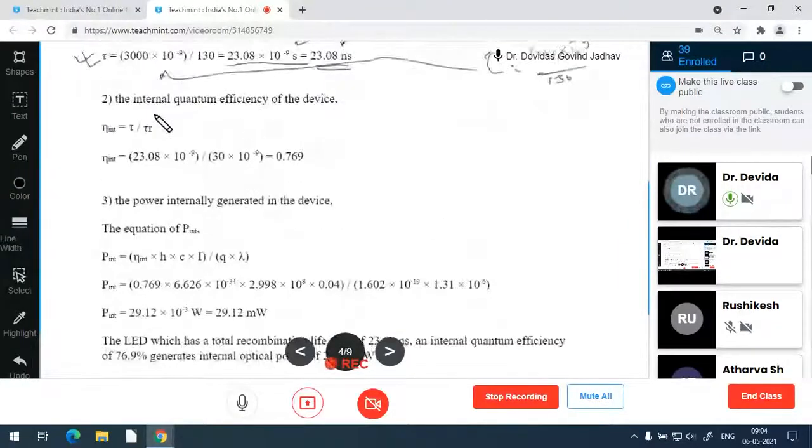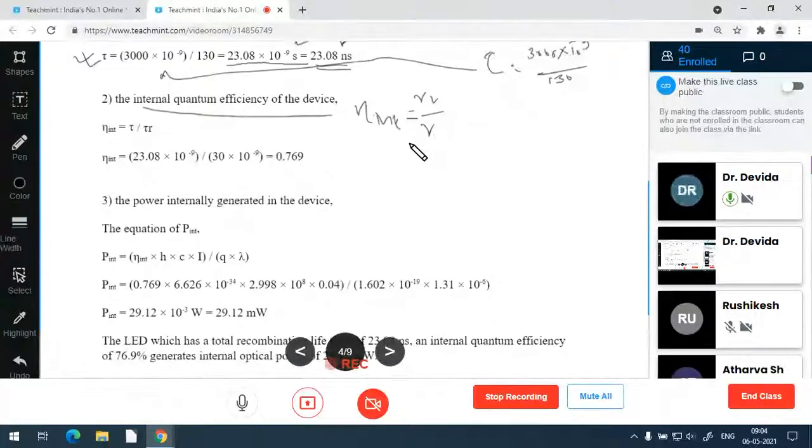So again, the internal quantum efficiency of the device, eta internal, is equal to R_R upon R total.